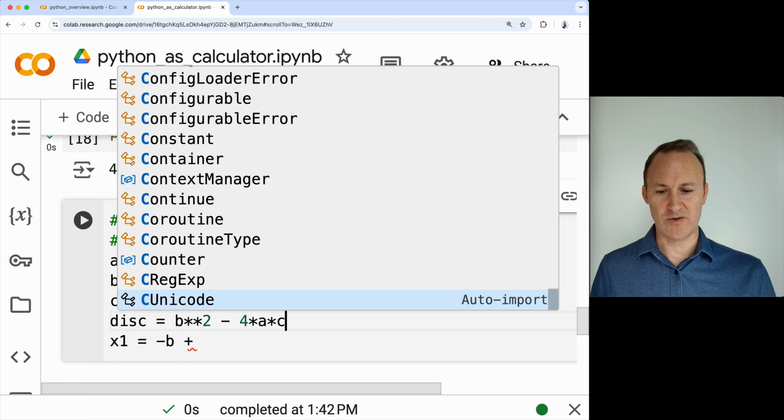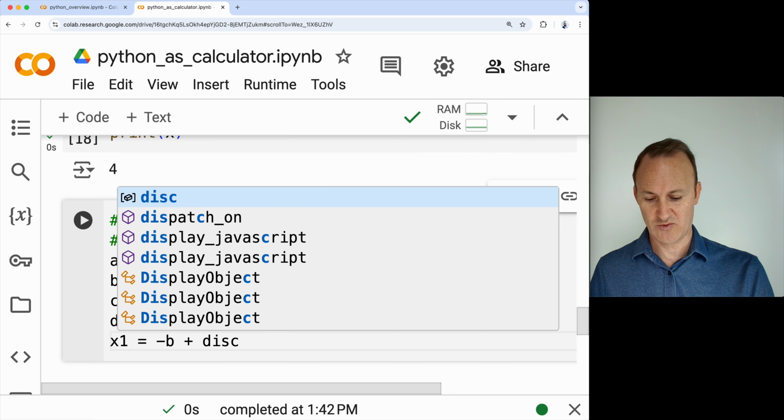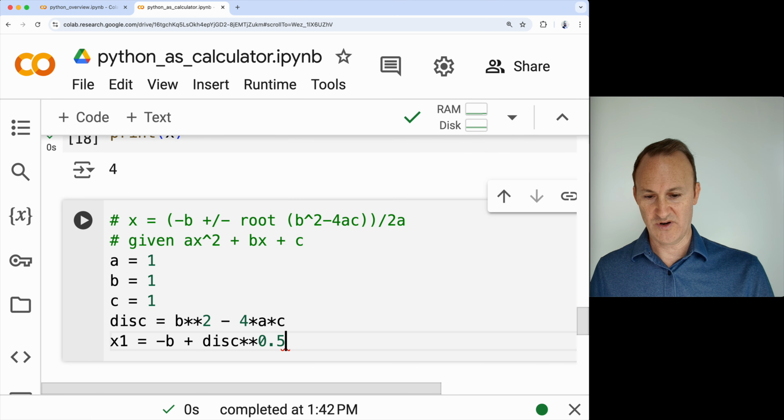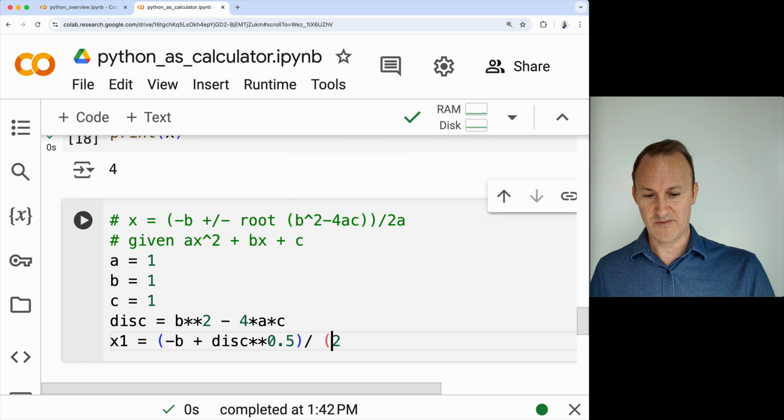Okay, that's the discriminant. And so what you do is you take the discriminant to the 1/2, that's the square root piece, to the 0.5, and then you put all of this divided by 2 times a. Now, if you just put in 2a, or 2 times a, the a will go in the numerator, so you've got to put 2 times a all in the denominator as such.